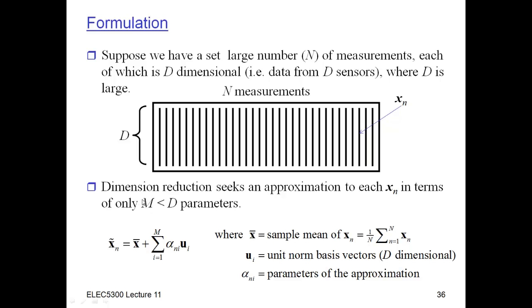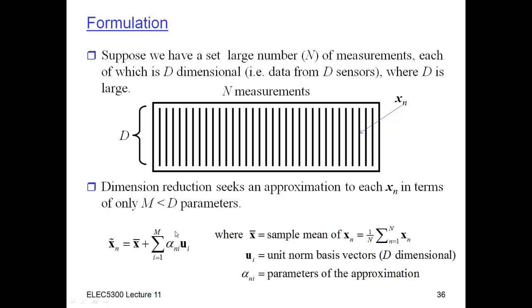Well, I can say each data point, xn, can be approximated by this x tilde of n, where x tilde of n is just equal to some mean vector, which is kind of the average location of all of these. That allows me to only estimate the difference between the average value and the particular value here.